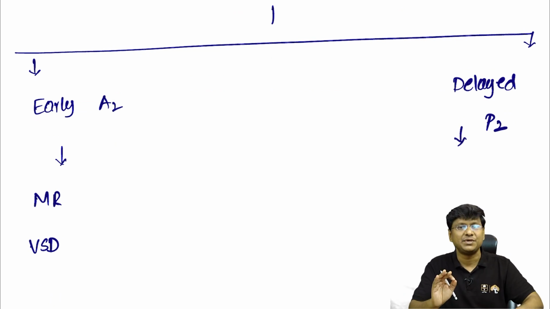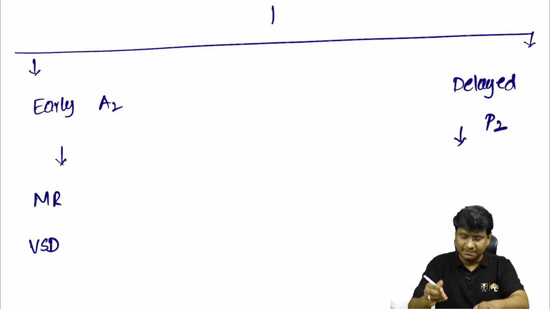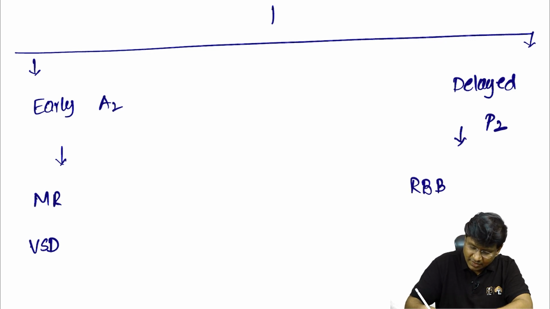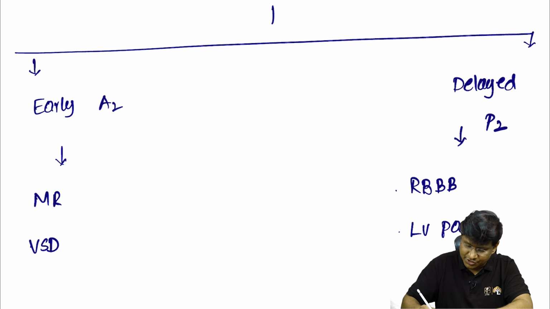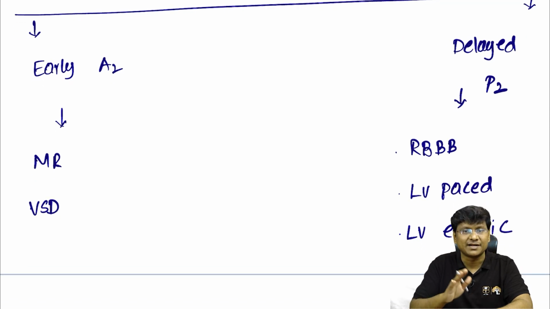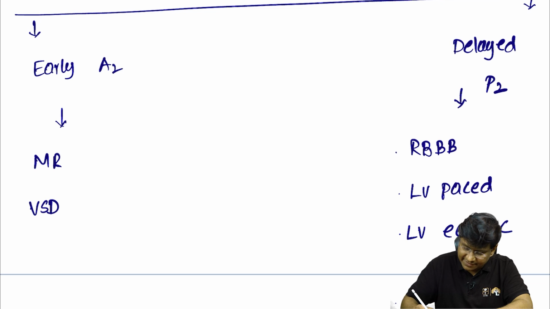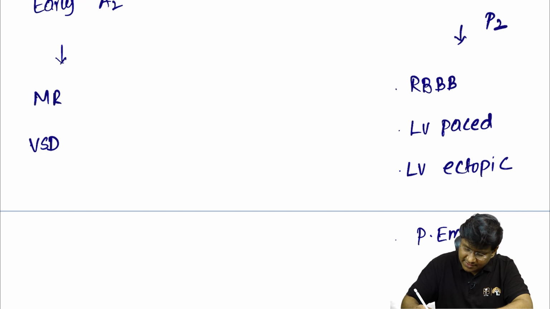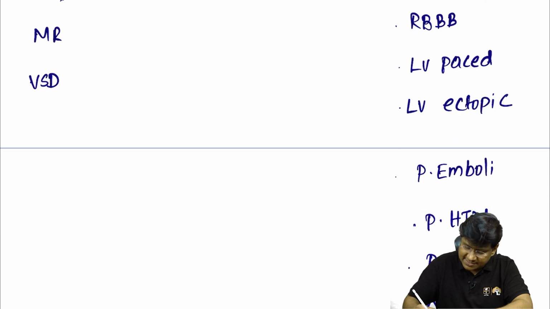And the conditions where you will have the delayed P2: you will have that in patients with complete right bundle branch block, in patients with left ventricular paced beats, in patients with left ventricular ectopic beats, in patients with massive pulmonary embolism, in patients with pulmonary hypertension, and in patients with pulmonary stenosis and atrial septal defect.